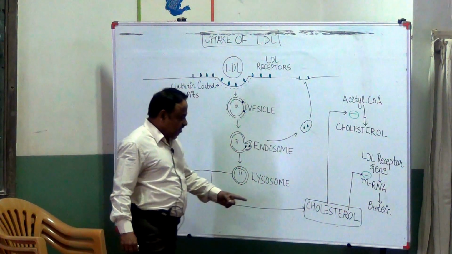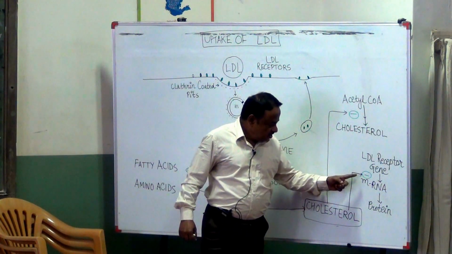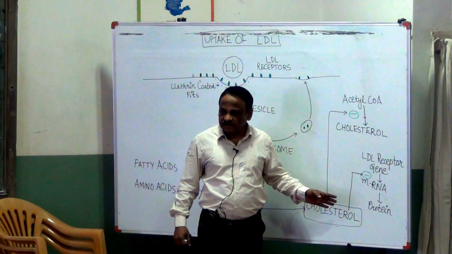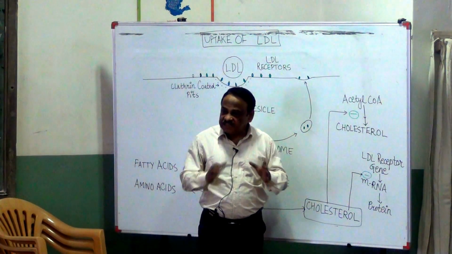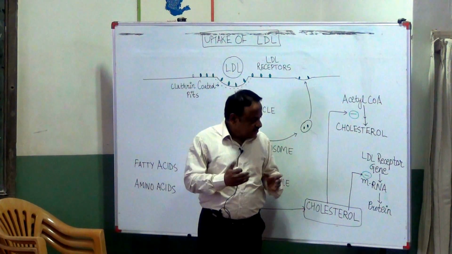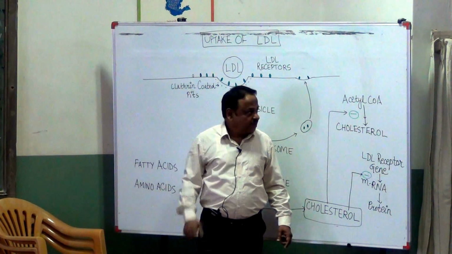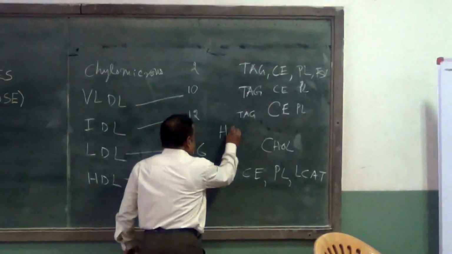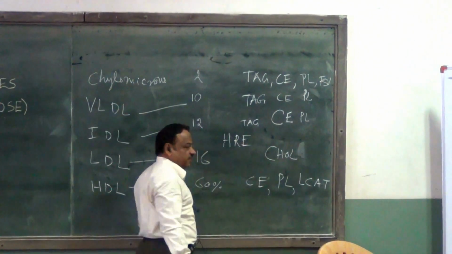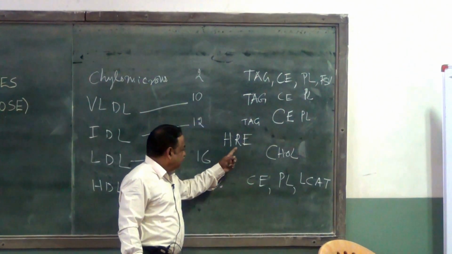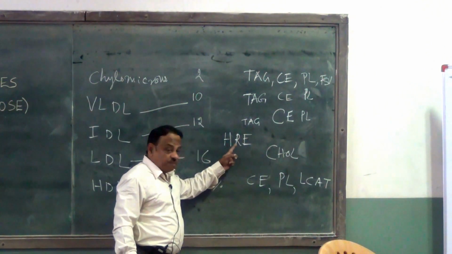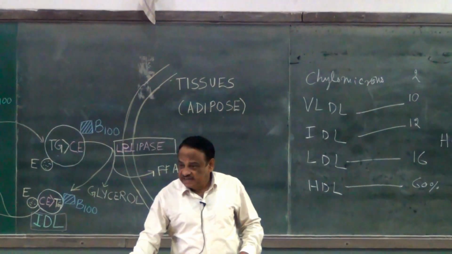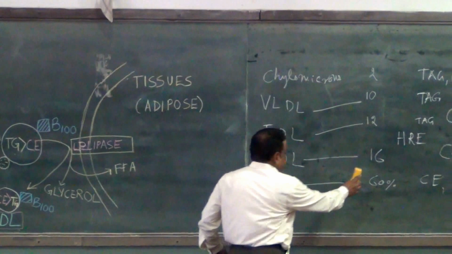Okay, so the cholesterol that is formed will act like a steroid hormone. Cholesterol is like a steroid. So it will bind with cytoplasmic receptors, and then it will go to the DNA and bind with specific regions on the DNA known as HRE, hormone response elements.